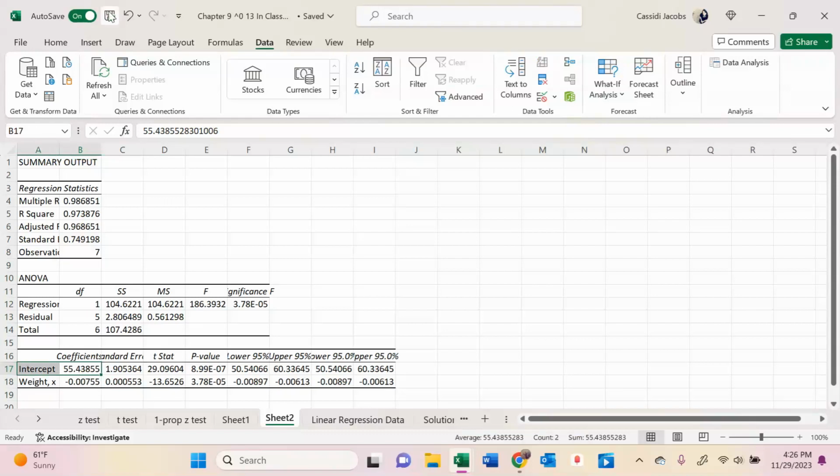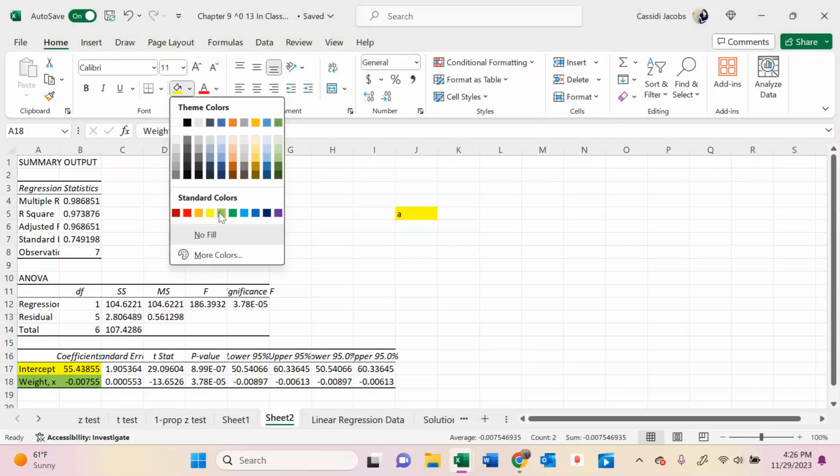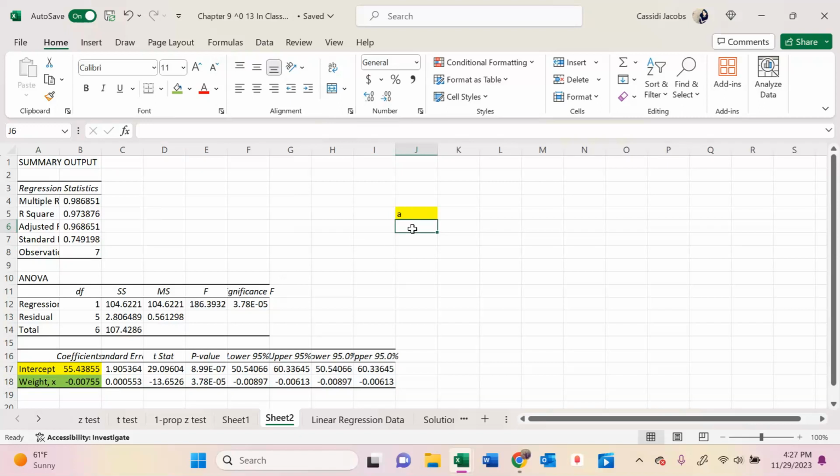So this is our A. So the A that you want is highlighted in yellow here. Our B is this coefficient here. So let's highlight that in green. So B is highlighted in green.